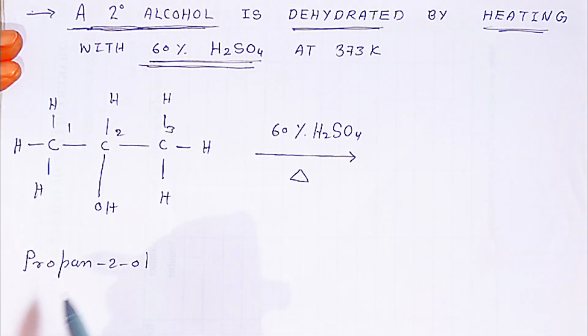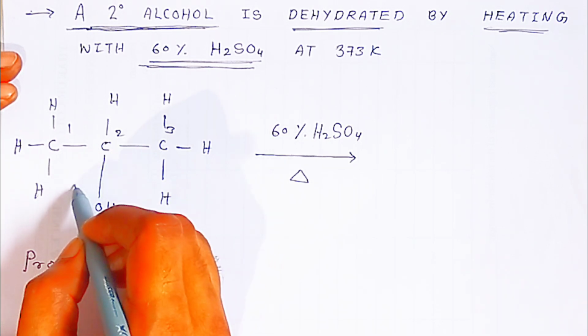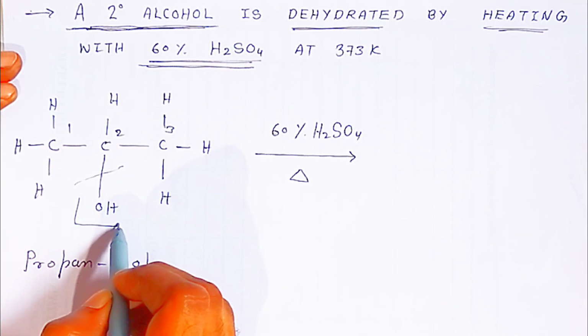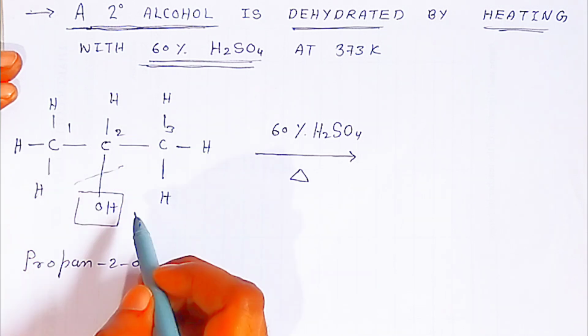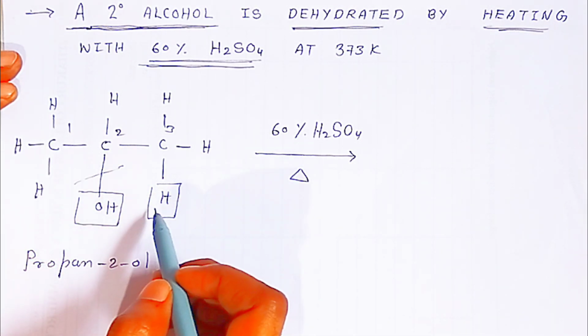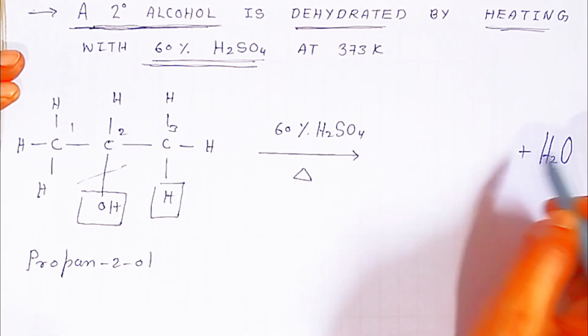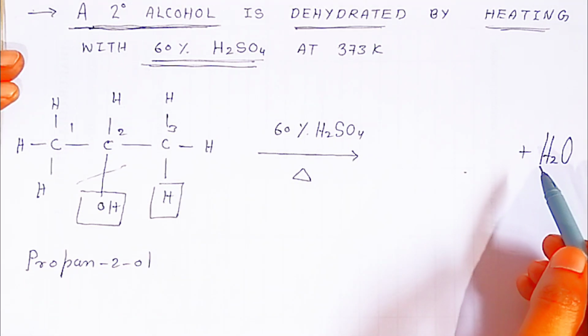So just heat it. What happens, students? There is a breakage of the carbon and oxygen bond here. So here the OH, hydroxyl of this carbon, now combines with hydrogen. It may be combined this side or this side, and there is elimination of water molecule. Dehydration will take place. Elimination of water molecule is nothing but dehydration. And what happens, students?